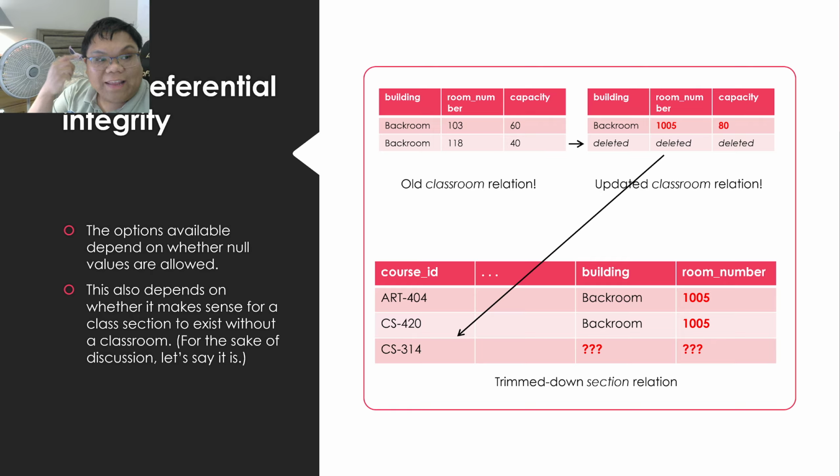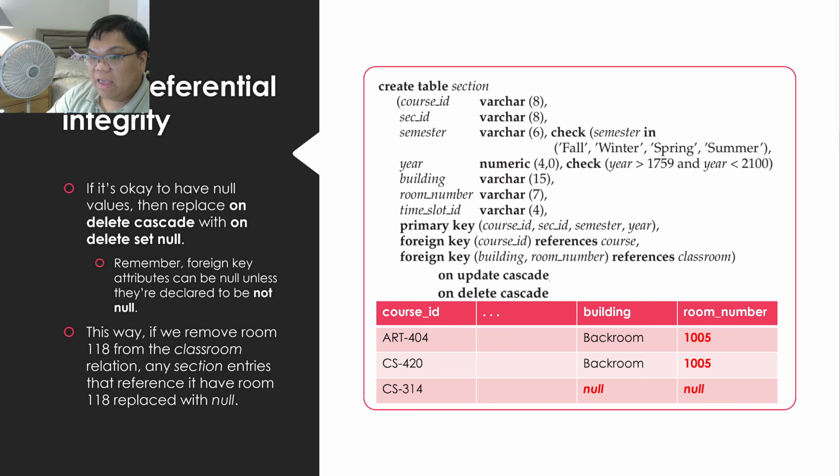But deeper than that, it also depends on whether it makes sense for a class section to exist without a classroom. For our purposes, we're going to say it does make sense for a class section to exist without a classroom, but only if you can find a classroom for it right before the semester starts. So, if we can have null values for building and room number, we can have, instead of onDelete cascade, onDelete set null.